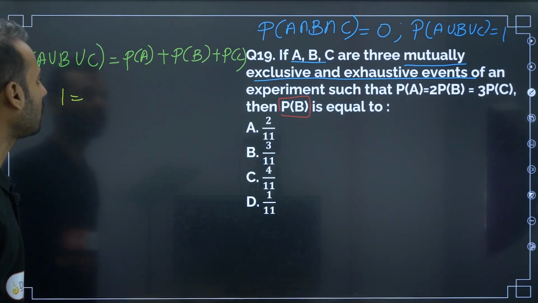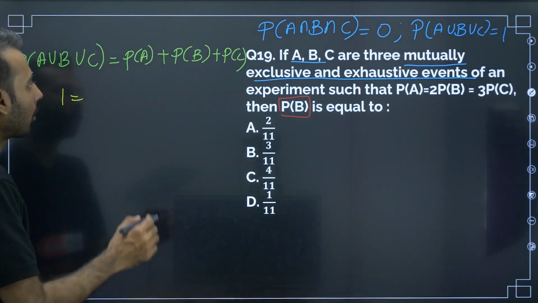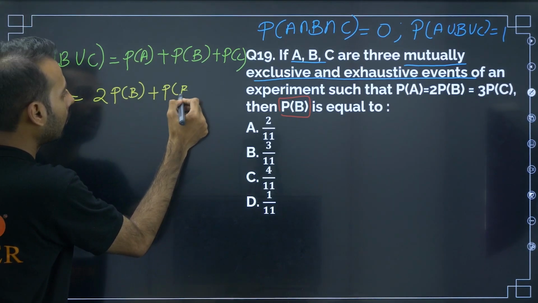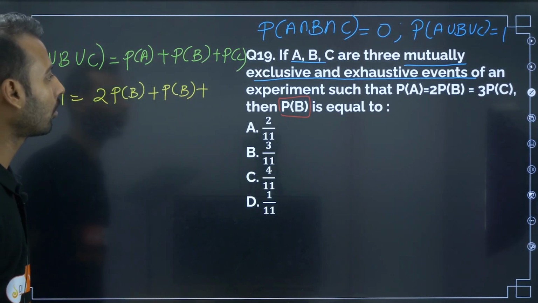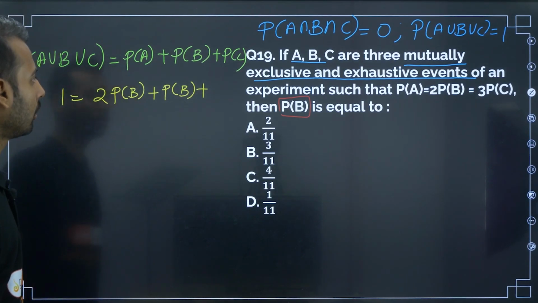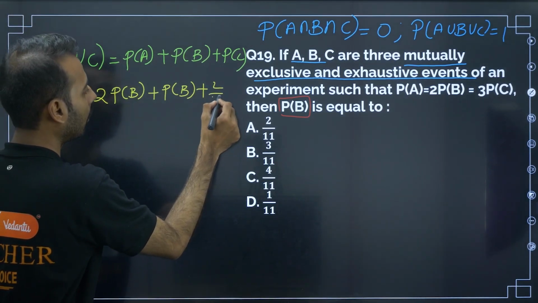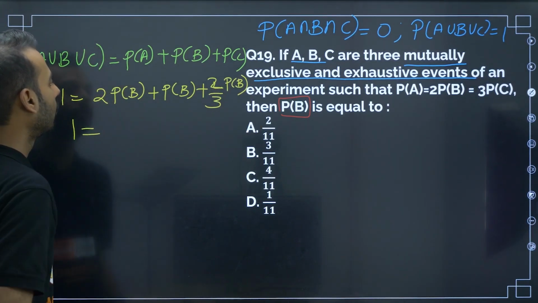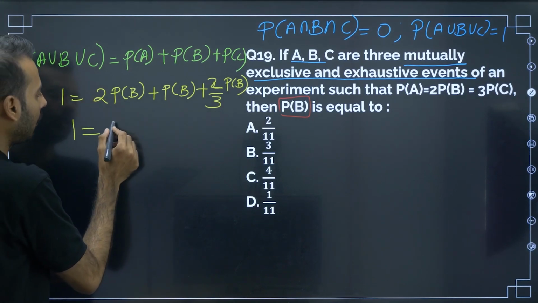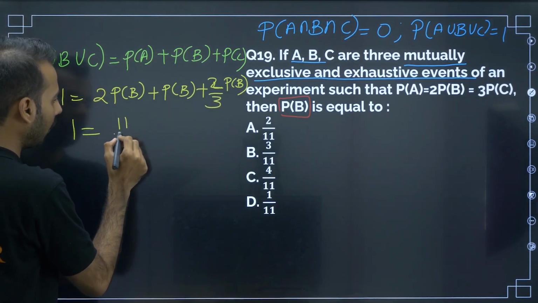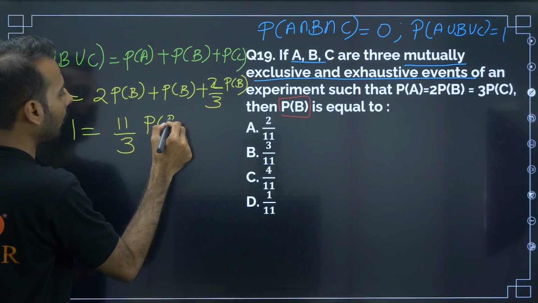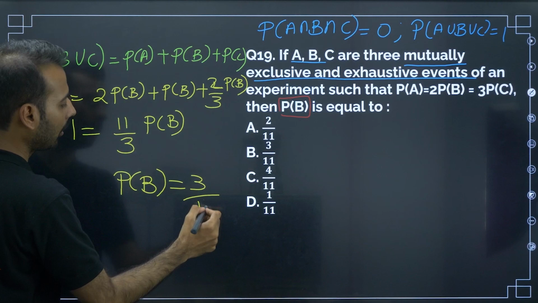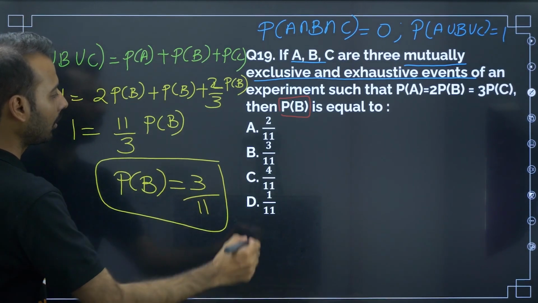P of A is 2 times P of B, plus P of B, plus P of C is how much? 2 by 3 of P of B. So 1 is equal to 3 plus 2 by 3, which is 11 by 3 P of B. If you add this, finally P of B is equal to 3 by 11.